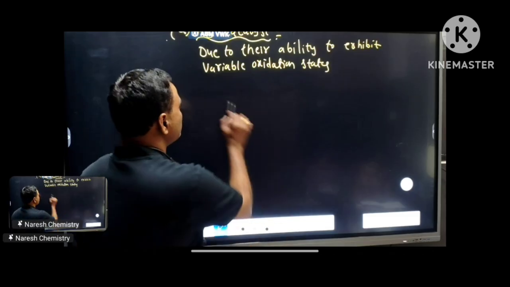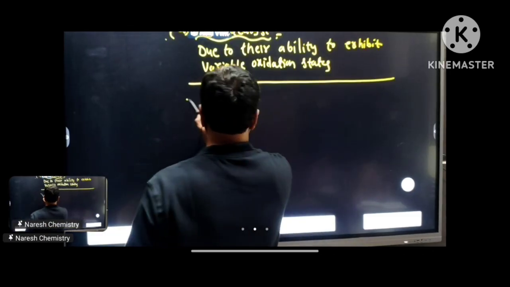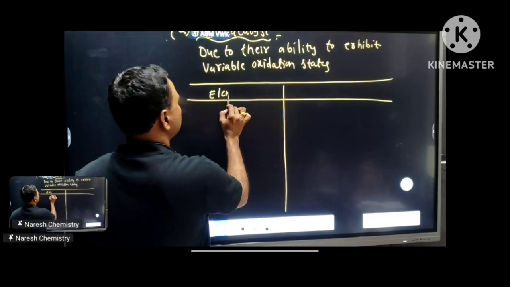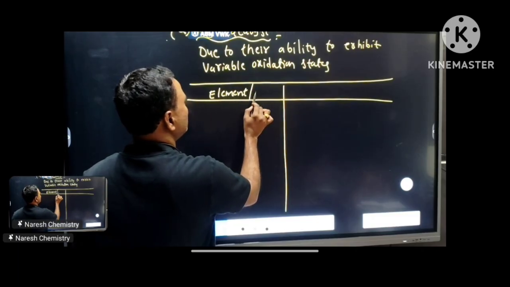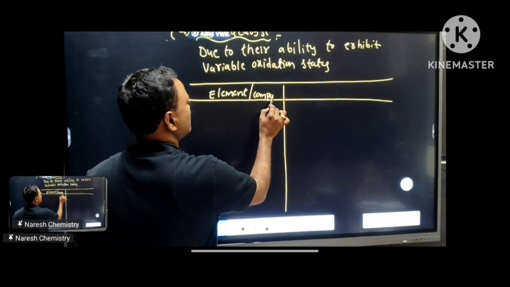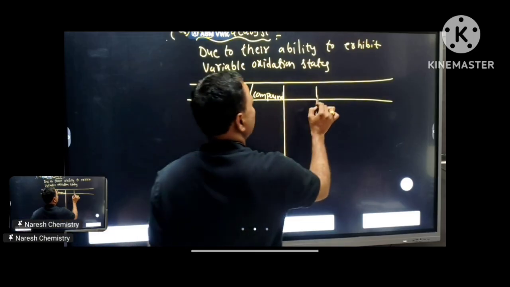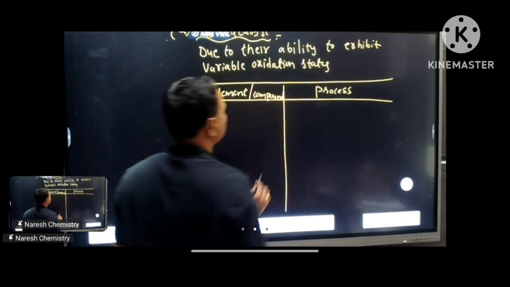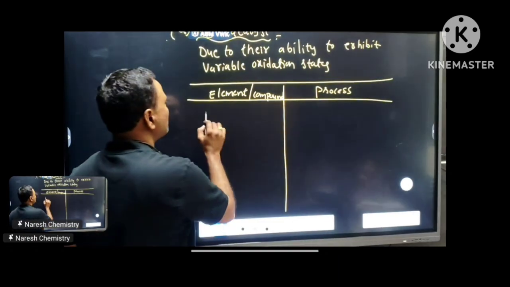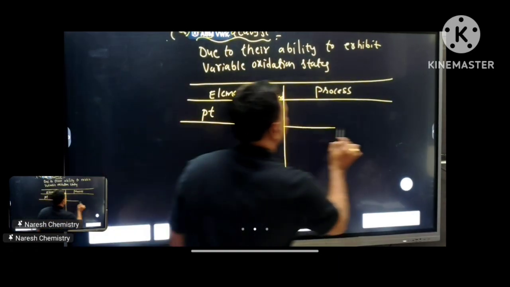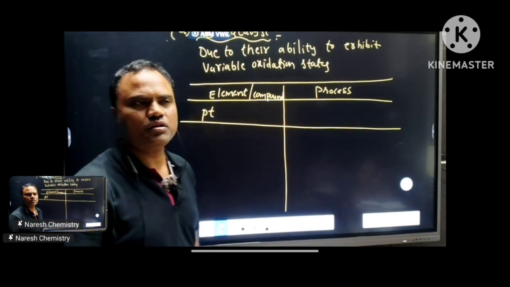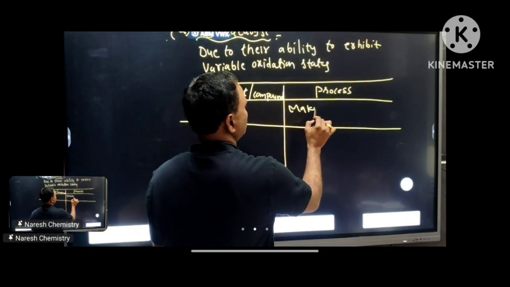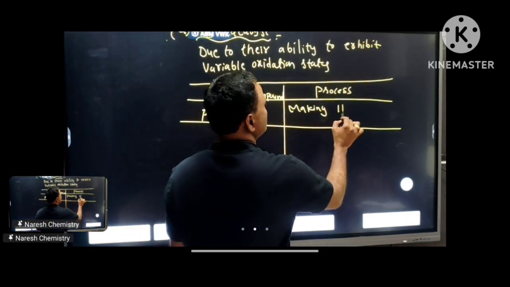Some examples, with the element or compound and the process. Platinum is used in making sulfuric acid, H2SO4.